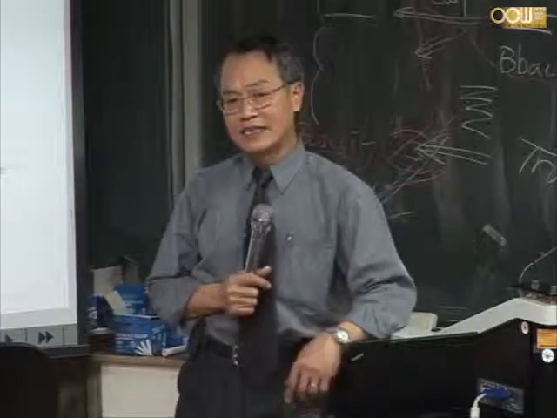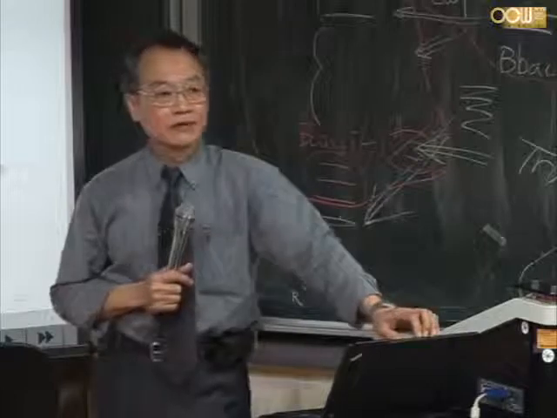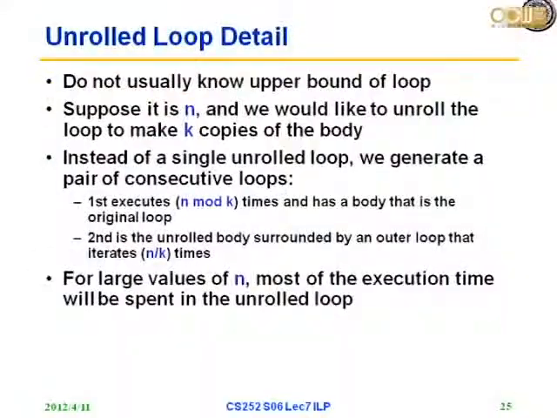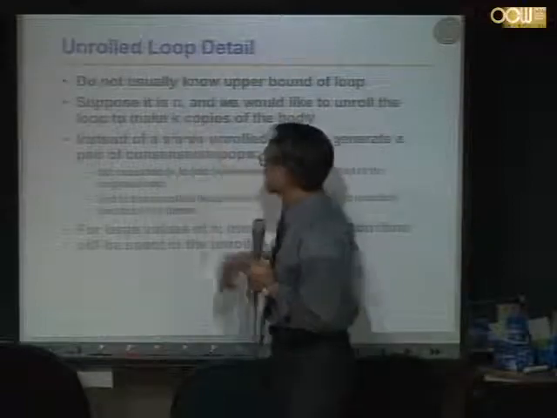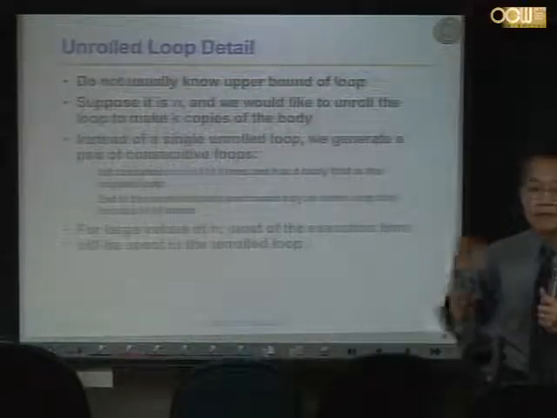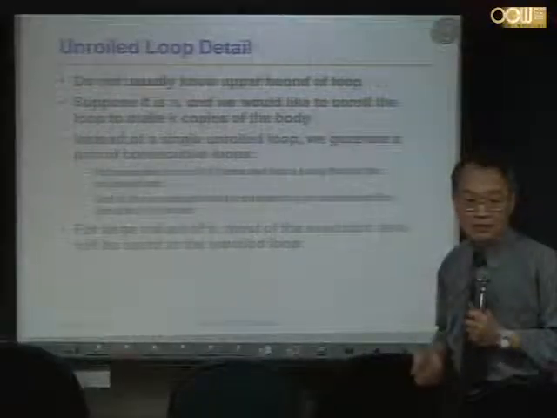Okay, what you have seen is not the entire truth. What's the entire truth? The entire truth is if it iterates for n times, then how many times should you unroll? What if this n is a weird number like 73? 73, you should divide it into what?